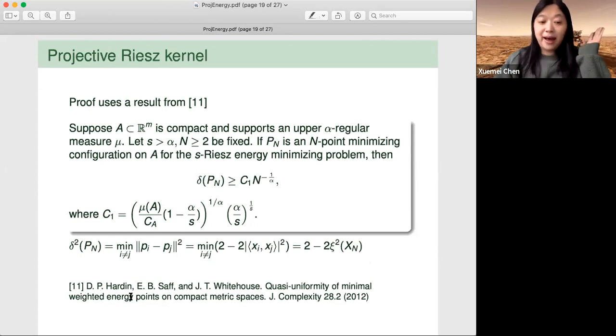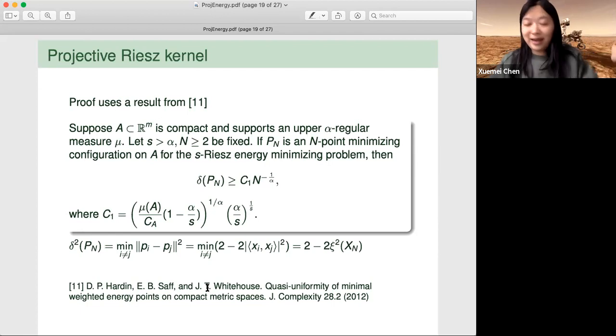There's the work by Ed, Doug, and Tyler Whitehouse, and they have this result about the separation. Here delta is the separation distance. Actually it is written here.